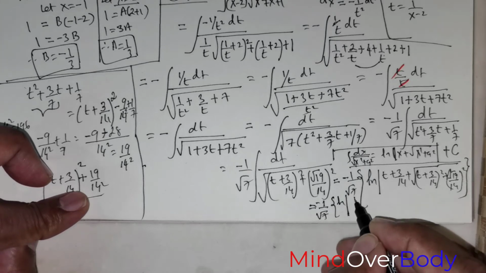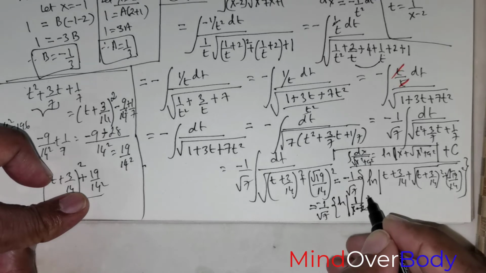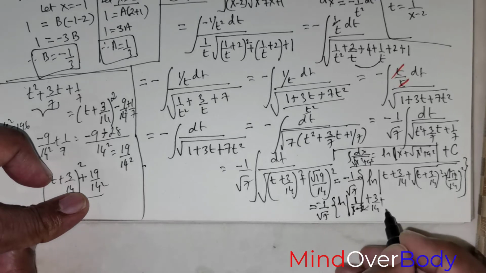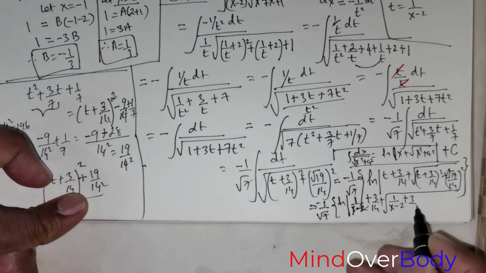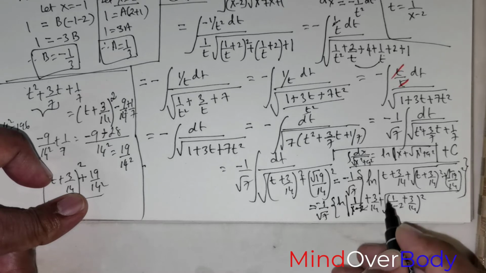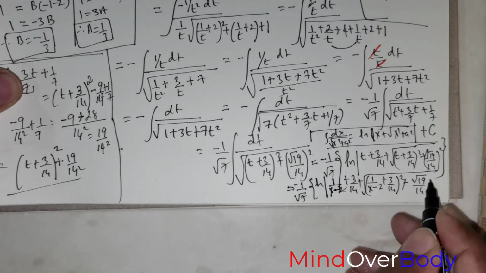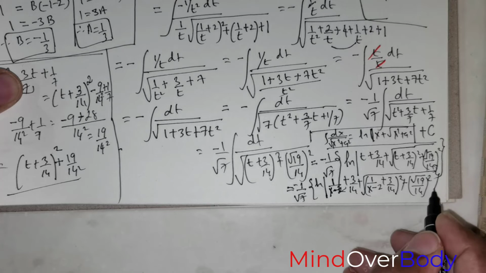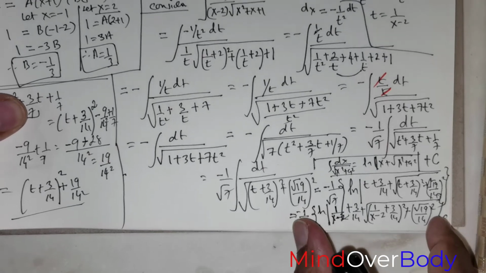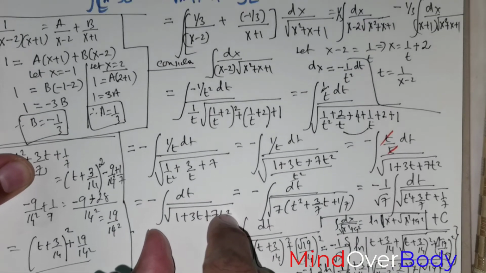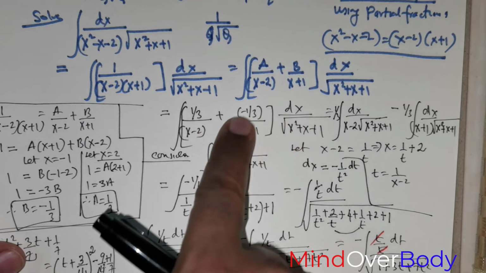So I can substitute that 1 over x minus 2, that's my t, positive 3 over 14, positive root of 1 over x minus 2, positive 3 over 14 raised to the power of 2, positive root of 19 over 14 raised to the power of 2. So we can close the parenthesis and place the arbitrary constant c. Now this is for one part, right? So this is completed. Now we need to work on this.